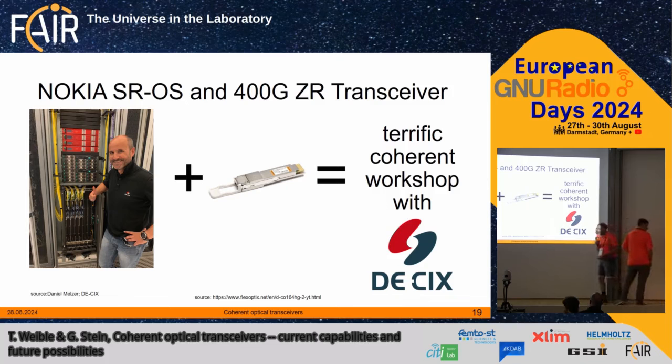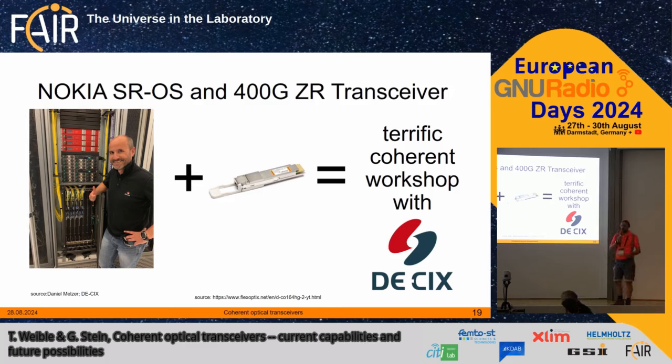So what we did is we took a pluggable module, which looks like this in the middle, and talked to DE-CIX in Frankfurt. They operate one of the biggest exchanges around the globe, and the GSI and FAIR network is also connected to DE-CIX. So when you're surfing the internet, you will most probably be transmitting on those modules.